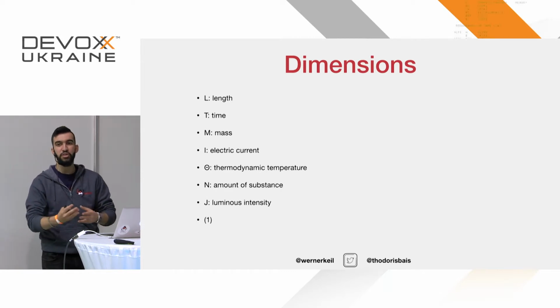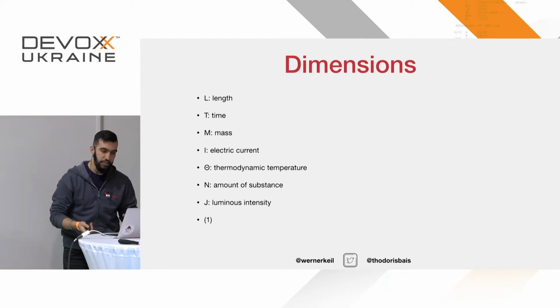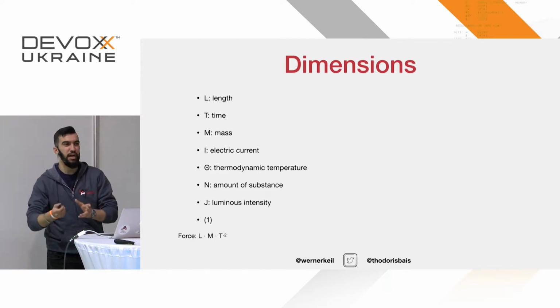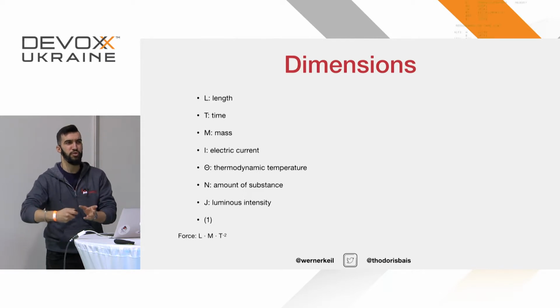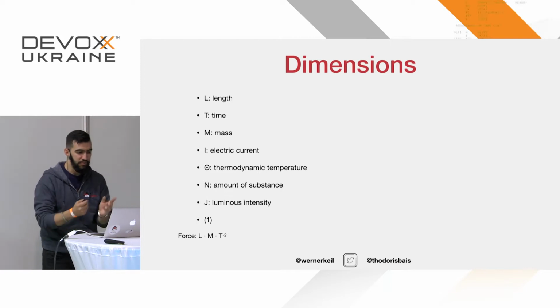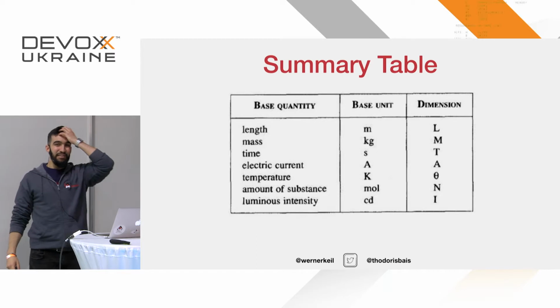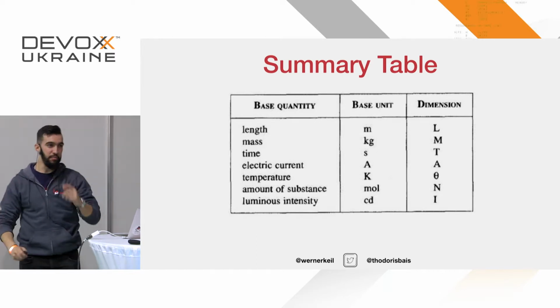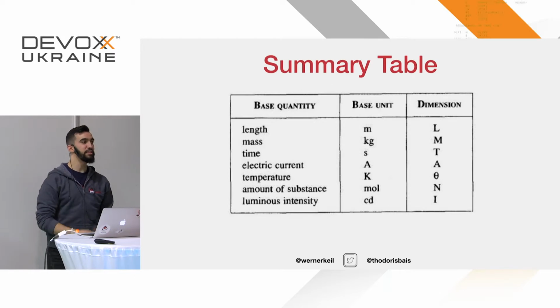So we need to also cater for the absence of any dimension. And of course, if someone asked you what the force consists of, that is, of course, length times mass divided by the square of time. Very shortly, a summary table with all the base quantities, base units, and dimensions.